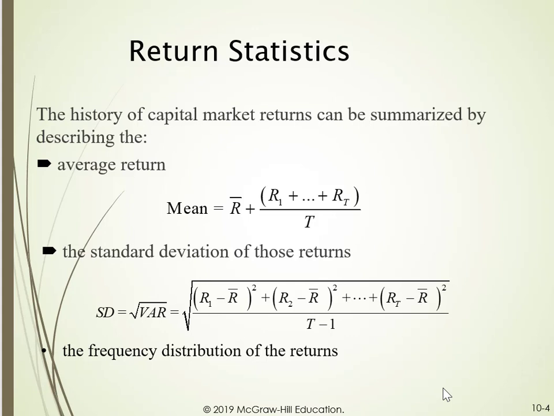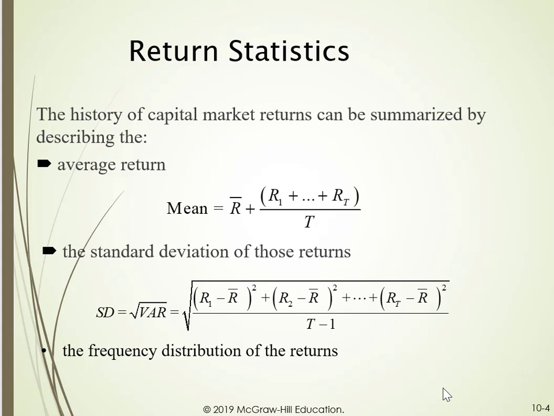So if we continue on, thinking about some statistics, we're going to be talking about the average returns and something called standard deviation. And in later videos, we'll expand this understanding and concept a little bit more. But I think everybody probably understands a little bit about average. And if you're looking at over time, the arithmetic average, you add up all the returns and then you divide that by T, how many returns you have.